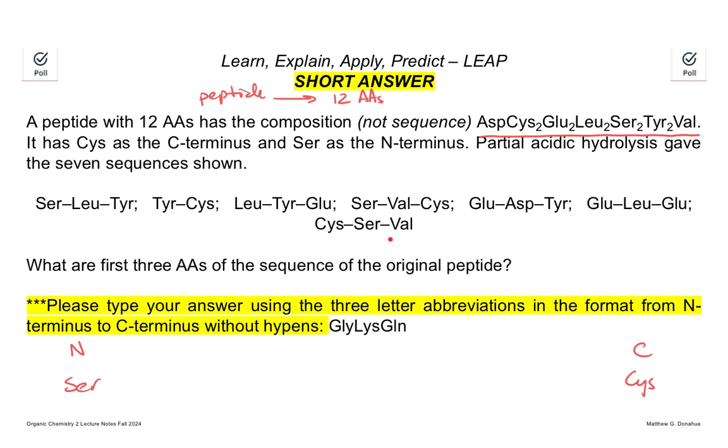So what we need to do is look at these fragments and see where there's overlap in the fragments and sort of line them up, cross out the common ones, and then get the whole sequence. Okay, so we have 4 questions on this. So what are the first 3 amino acids of the sequence?